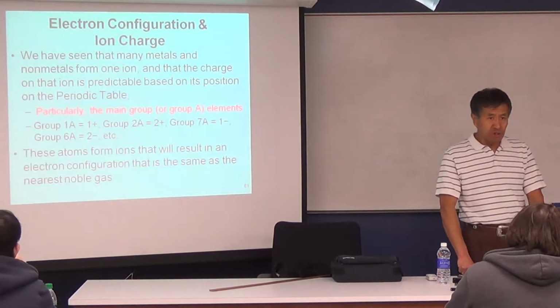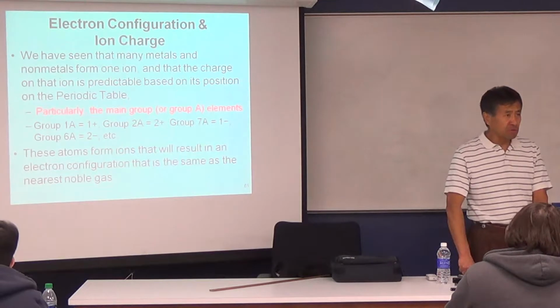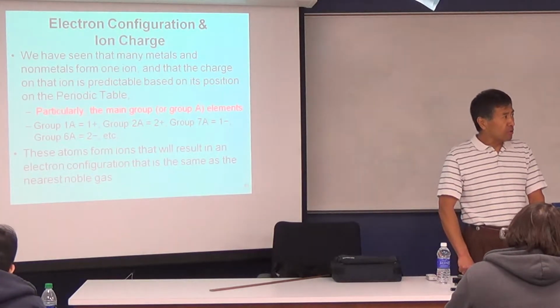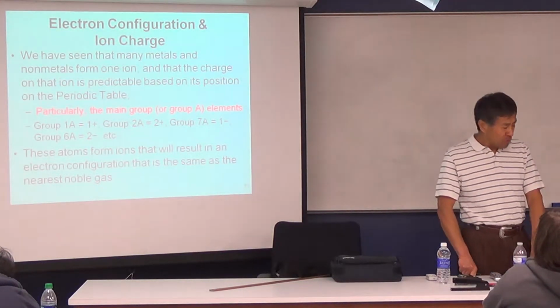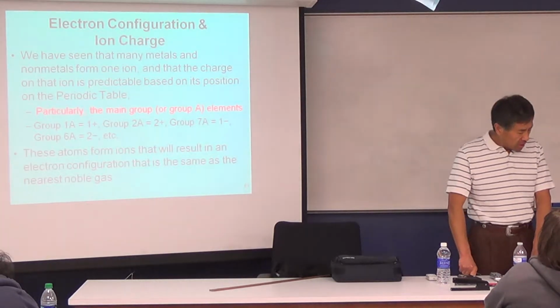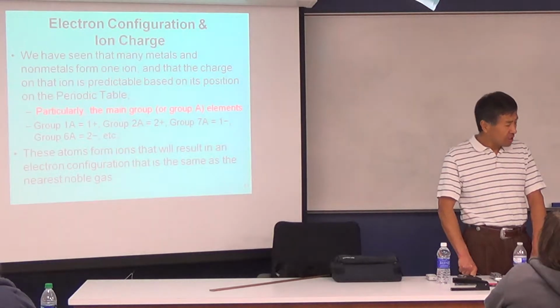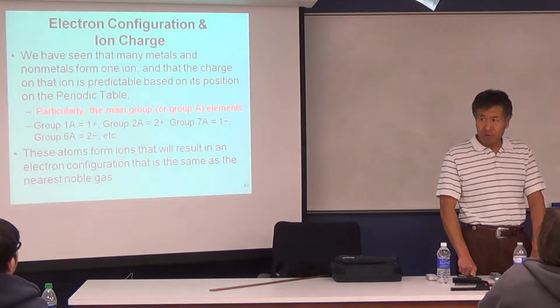On the opposite, they will try to receive some extra electrons and become stable. So group 7A, fluorine, chlorine, bromine, and iodine, will receive 1 extra electron and become 1 negative. Group 6A, for example oxygen, sulfur, and selenium, receive 2 extra electrons and become 2 negative.